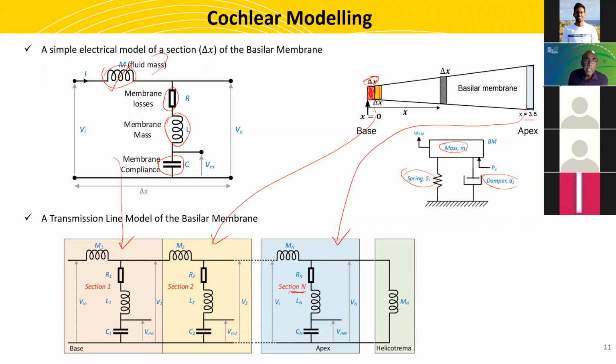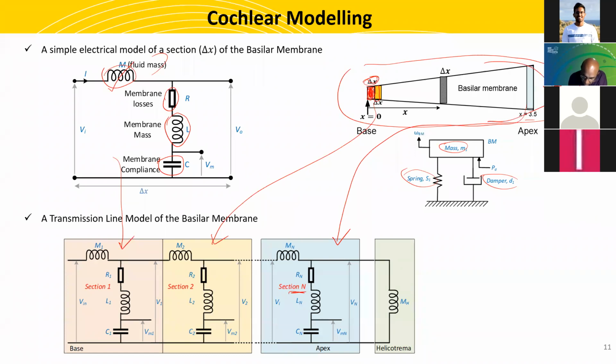And as I mentioned to you earlier, the basilar membrane does not touch the end. If you draw the cochlea, there's a hole there because the pressure has to balance. That's fluid mass, and that area is called the helicotrema. So there's a large inductor, a heavy mass, loaded there. That's the loading effect, actually.